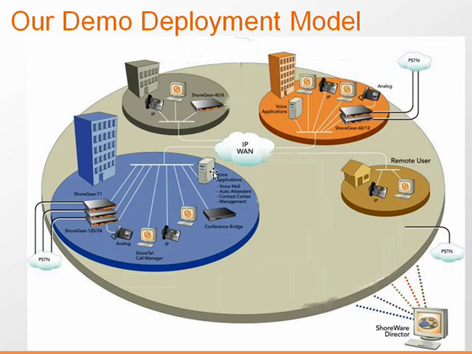Let's assume that this blue area is the headquarters site and the orange area is actually a second site. In fact, let's make the gray area Hollywood. It'll be the separate system that is connected via a SIP trunk.